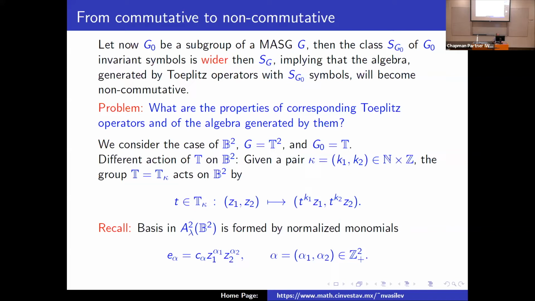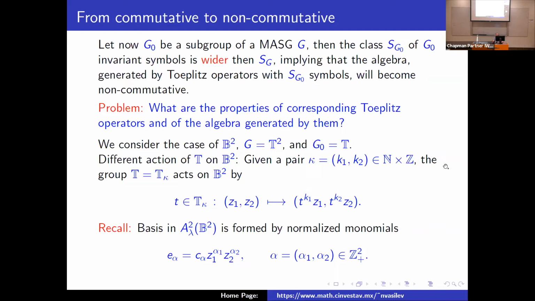How does it work? Consider the pair kappa, k1, k2, where k1 is a natural number and k2 an integer, and the action of the torus parameterized with this pair kappa is as follows. We multiply the first coordinate by t to the power k1, the second coordinate by t to the power k2.